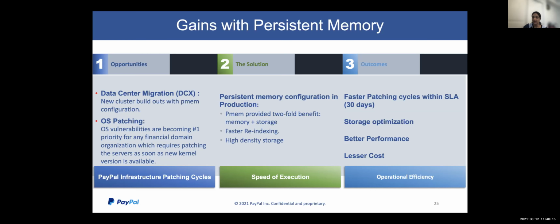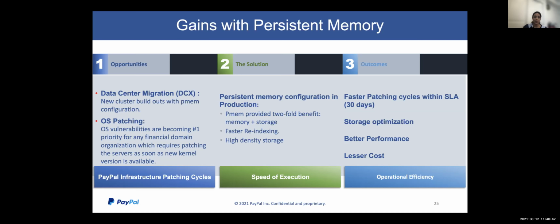But another additional influencer for the upgrade of the environment was OS patching. OS vulnerabilities are one of the number one priorities for PayPal right now, because it's a financial company, and we have to patch the servers as soon as any new kernel version is available. We have an SLA of 30 days to patch.